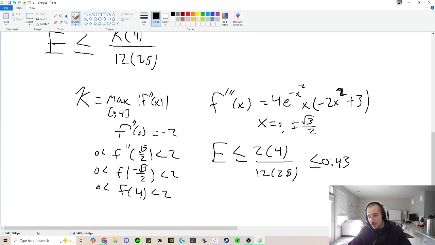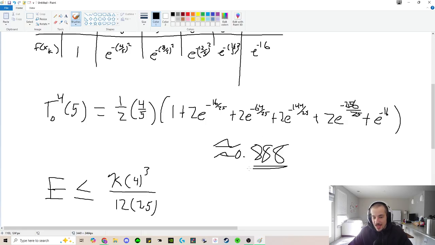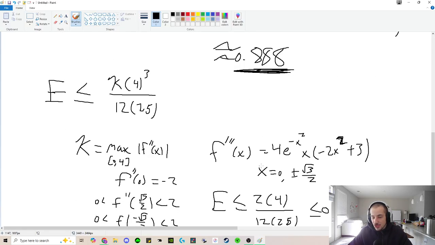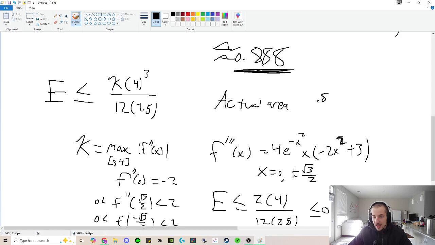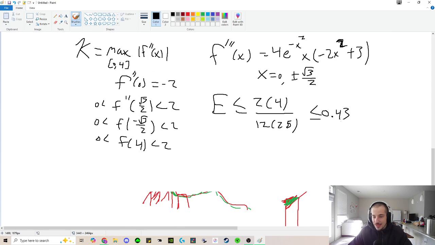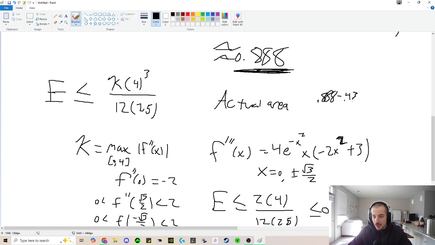So we know that with this 0.888 that we've gotten, the actual estimate, the actual area is going to be between 0.888 minus 0.43 and, bounded from above, 0.888 plus 0.43. So it's going to lie somewhere between those.